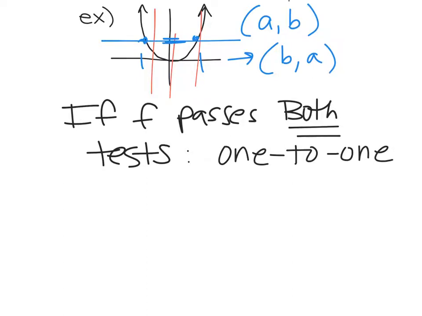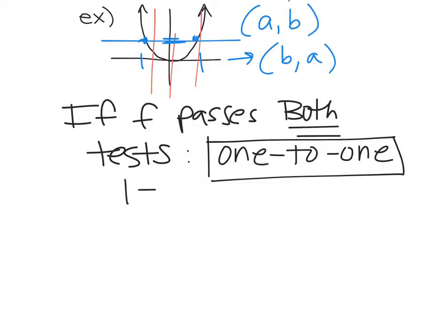It's a fancy kind of way to just say it passes both. The original is a function, the inverse is a function. Every x matches with one y, and the other way, every one y matches to one x. Sometimes we write it like this. I know it looks like 1 minus 1, that's 0. But it's not.